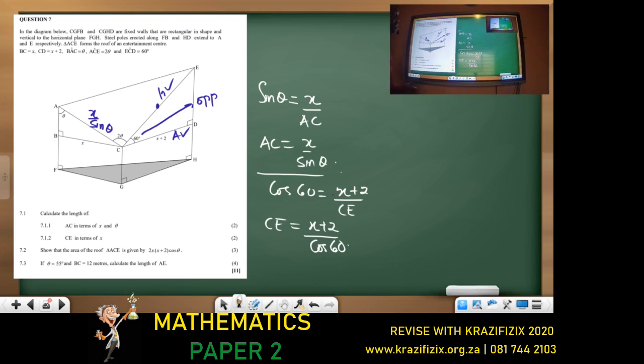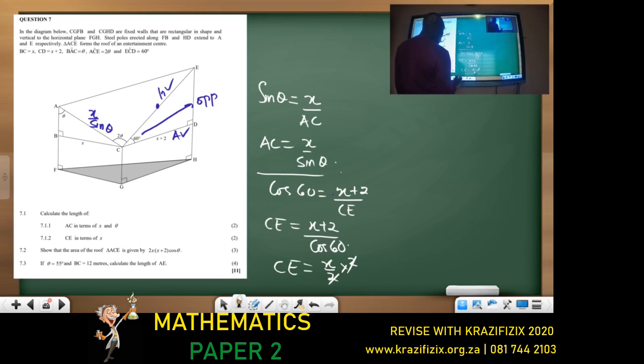And cos 60 is equal to half. So CE equals what? X over 2 divided by 1 over 2, which is times 2. So CE actually, can we say CE is equal to x? Let's check again. Cos 60 is sine 30, which is half.